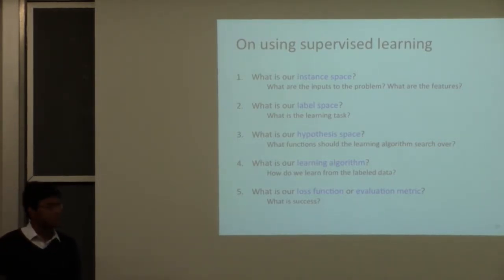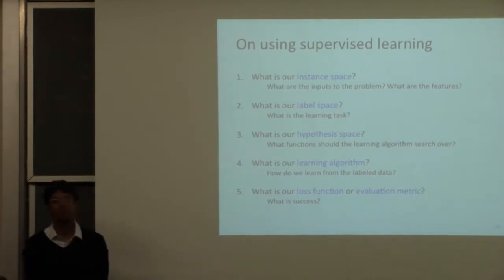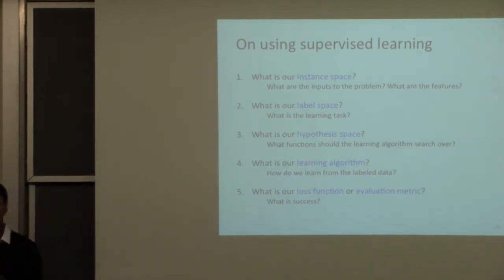And finally, the last bit is actually really important, and it goes a little bit into step 4 as well, which is, what is the loss function? Or another way of asking the same question is, what is the evaluation metric? Another way of asking the question is, what is success? What is success for your model?